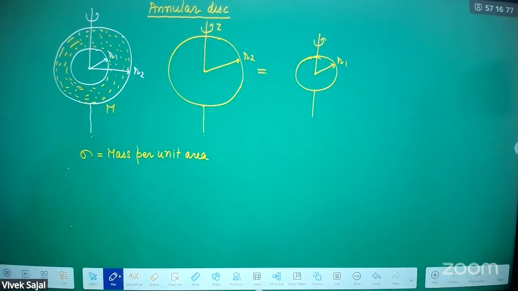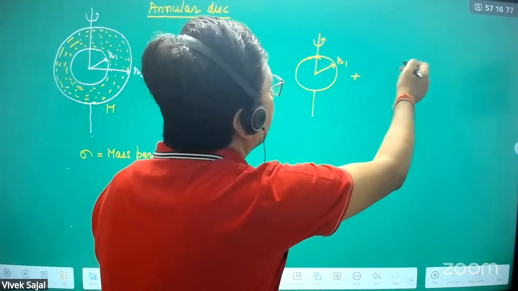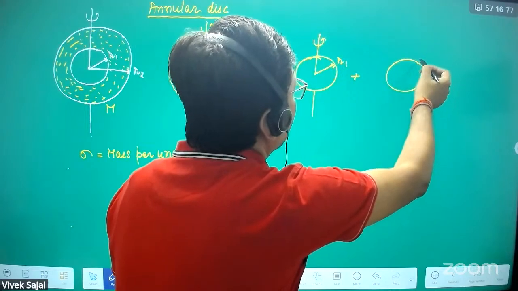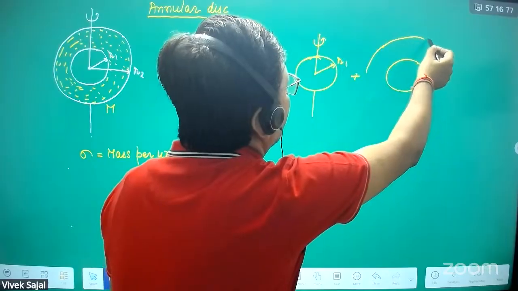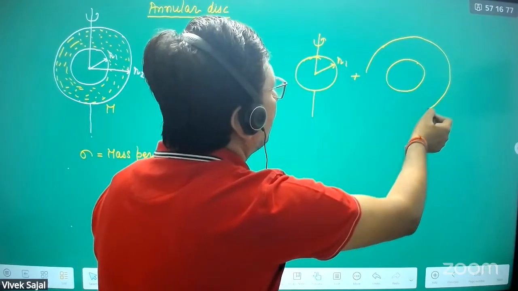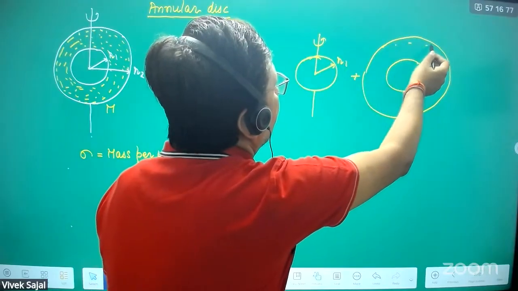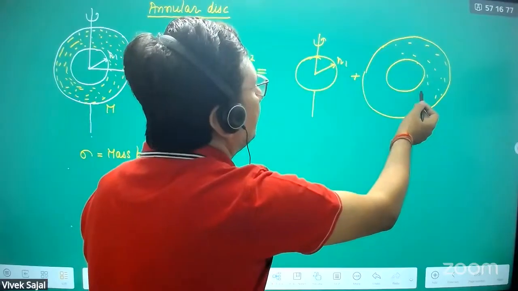Outer radius is R2, plus this annular part. This is this part. So this complete disk is made up of two parts.